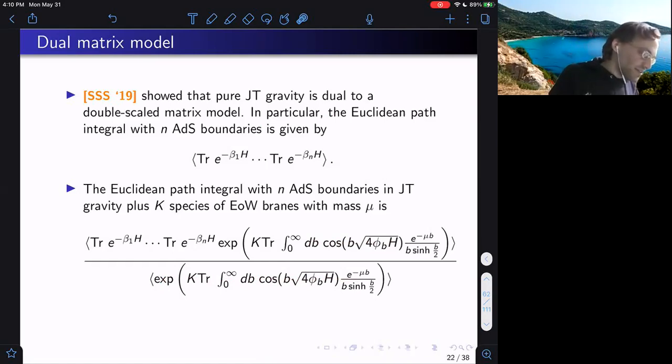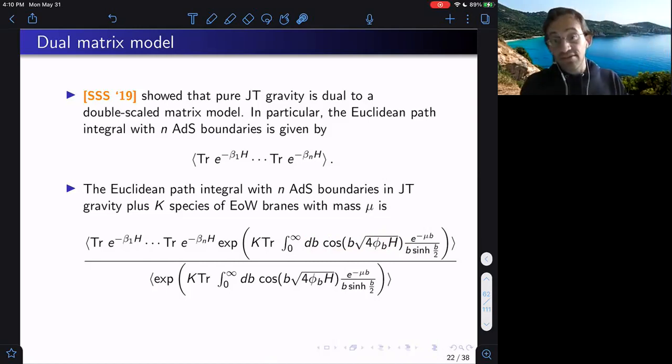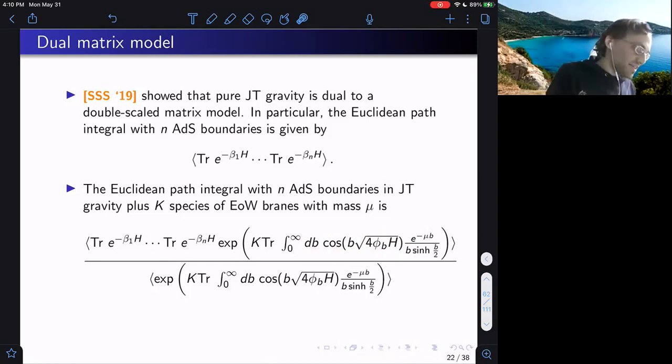One thing to note is that this integral here is divergent for small b going to 0. But that's okay because if you take the derivative with respect to H, then it is convergent. So the divergence doesn't depend on the Hamiltonian H. For that reason, it can just come out of the correlator on the top and bottom, and it cancels.